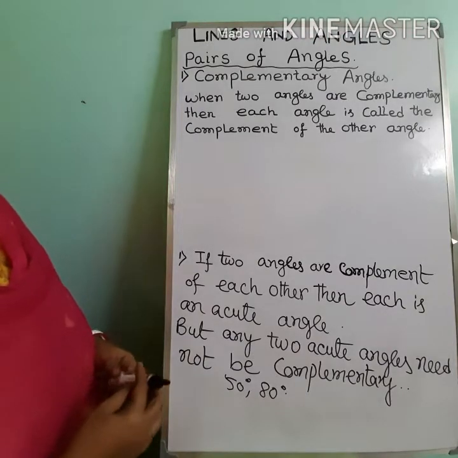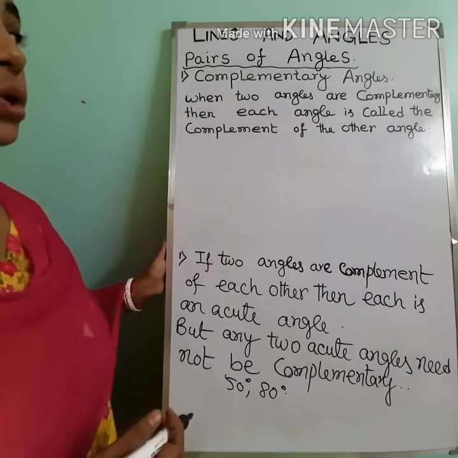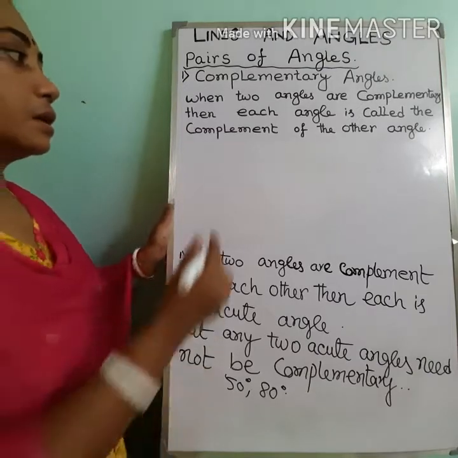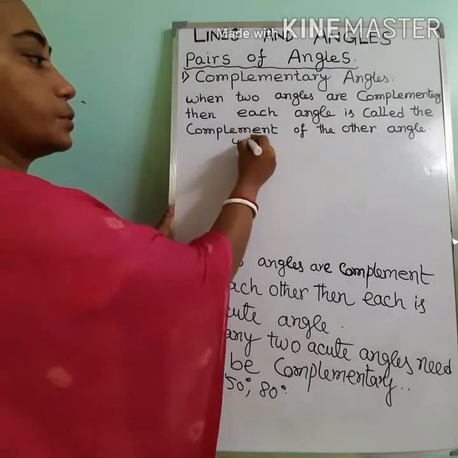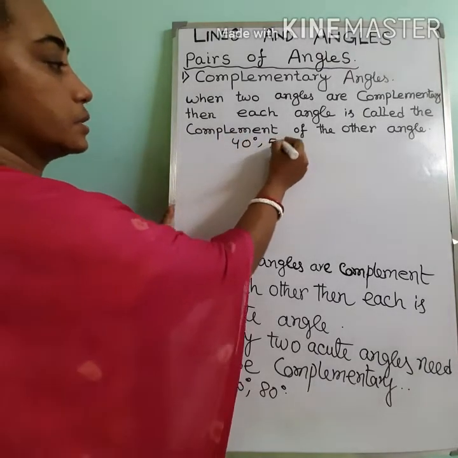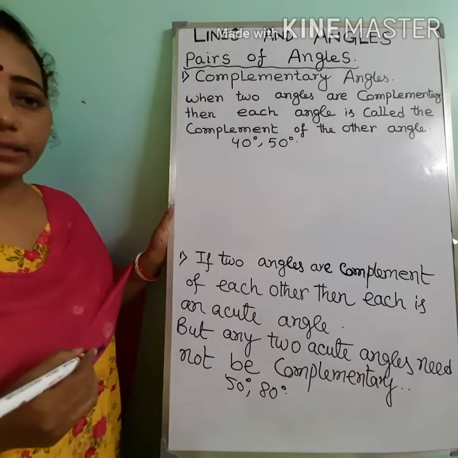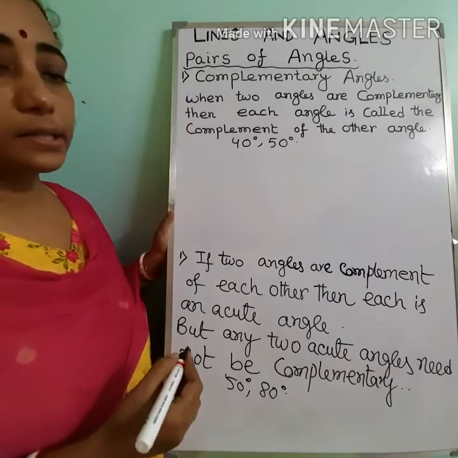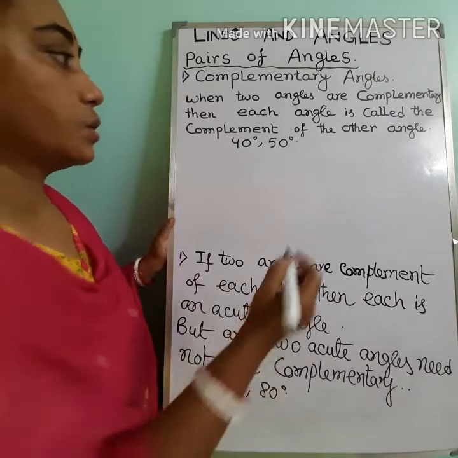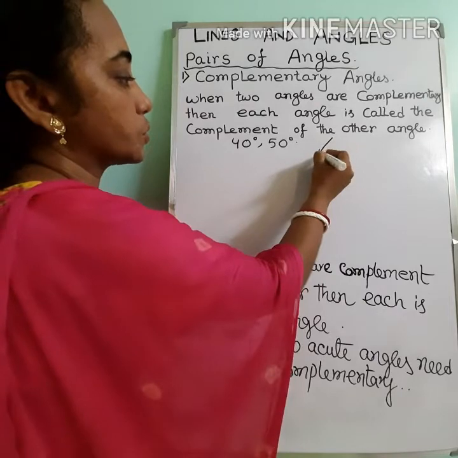We have just seen some examples which are complementary angles. For example, 40 degree and 50 degree. The sum of these two angles is 90 degree. So these two angles are complementary angles. We can show it with the help of a diagram also.